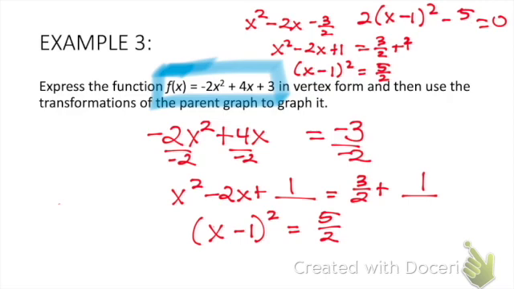Shifting that over, I'm running out of space, gets me x minus 1 squared minus 5/2 is equal to 0.